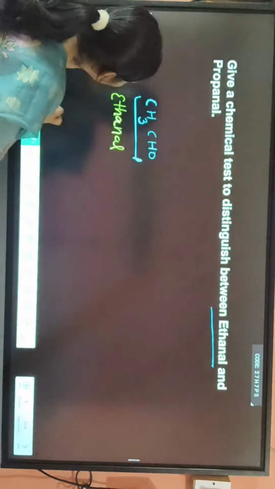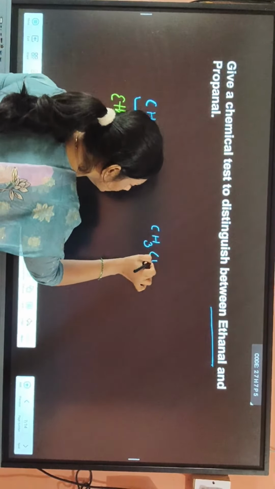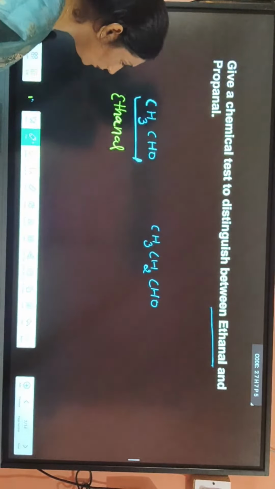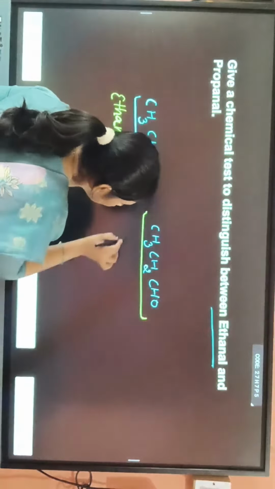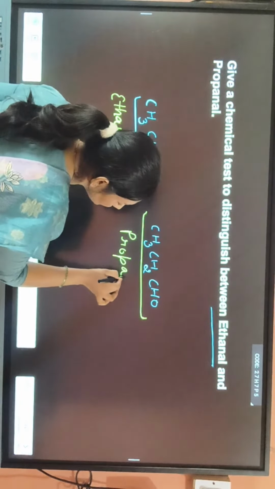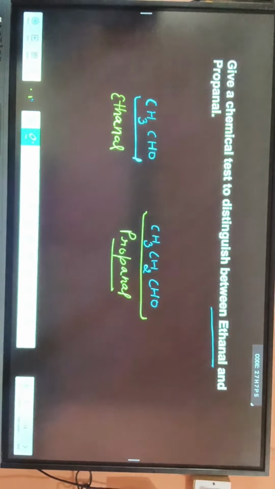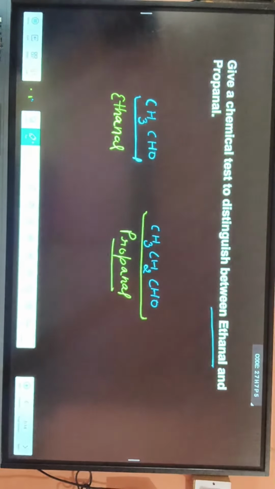After that, propanol: prop means 3 carbons, 1, 2, 3. This one is propanol. So students, if you have any compound and need to detect whether it is ethanol or propanol, how can you tell?